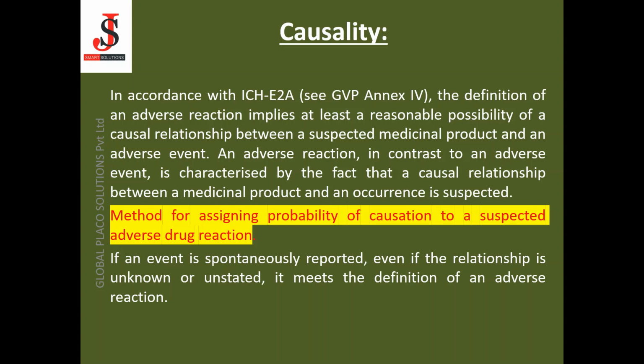An adverse reaction, in contrast to an adverse event, is characterized by the fact that a causal relationship between a medicinal product and an occurrence is suspected. As I told you before, the reaction suggests that there is a possibility or probability that it is related to the medicinal product. Method for assigning probability of causation to a suspected adverse drug reaction.